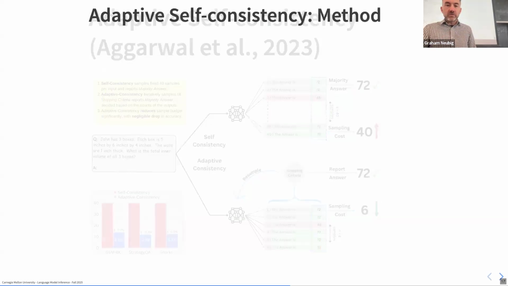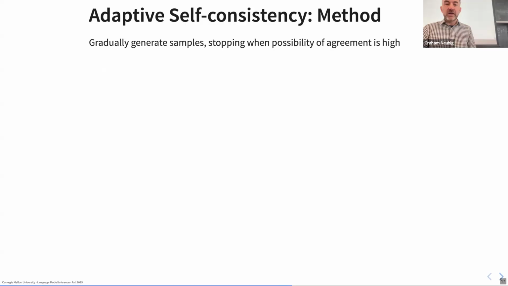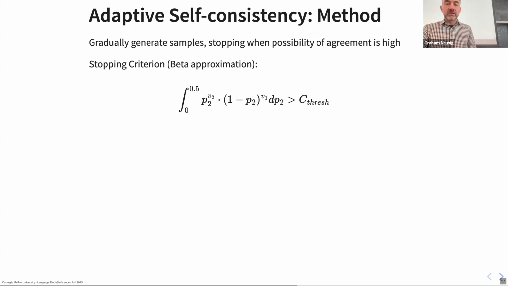The way they do this is with a little bit of statistics, specifically Bayesian statistics. They gradually generate samples, and they stop when the probability that the final answer you would get after sampling an infinite number of samples is above a threshold.